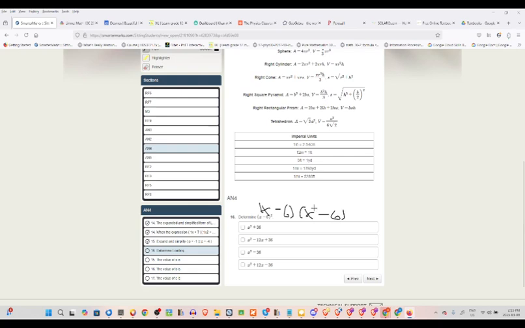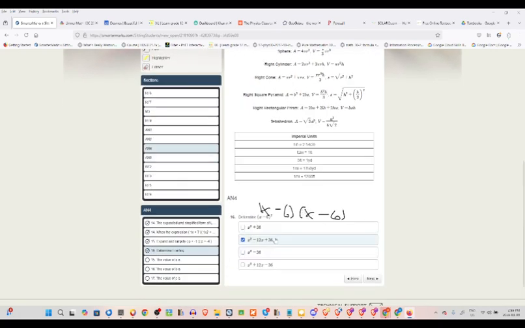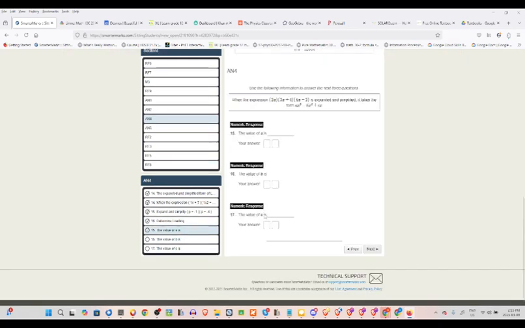So that's x times x gives us the x squared we have everywhere. A negative 6x and another negative 6x gives us a negative 12x in the middle. And then the negative 6 times negative 6 is the positive 36. Don't miss that negative 12x cross term. It's easily the most common mistake.